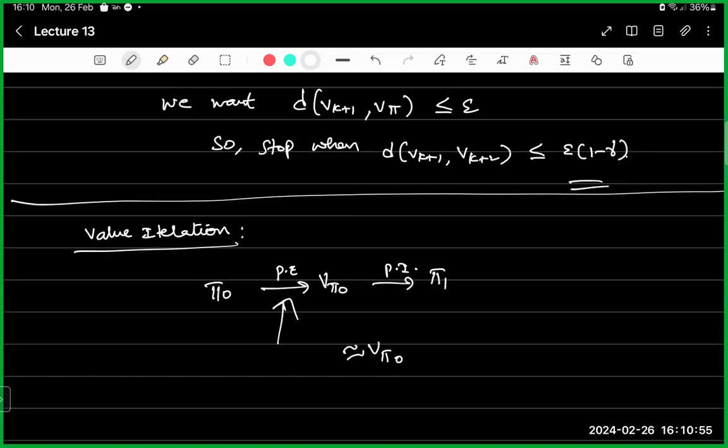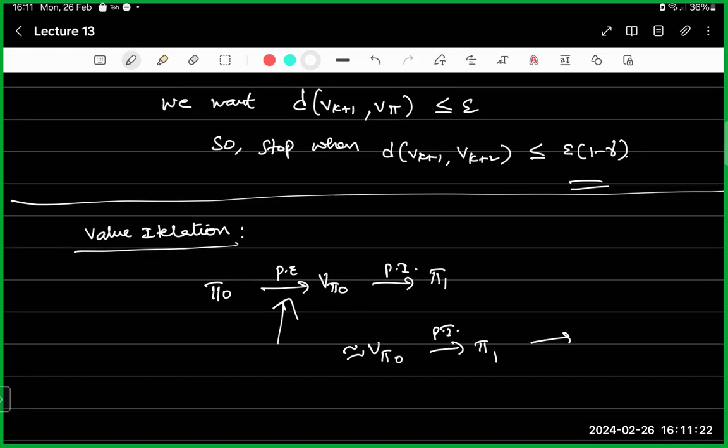You might not guarantee that it's epsilon close or anything. But I'll just treat that as my v pi naught, and I'll just do policy improvement on that and get pi 1. Again, I'll evaluate only once using policy evaluation, and then again I'll improve. So this is what is called value iteration algorithm.